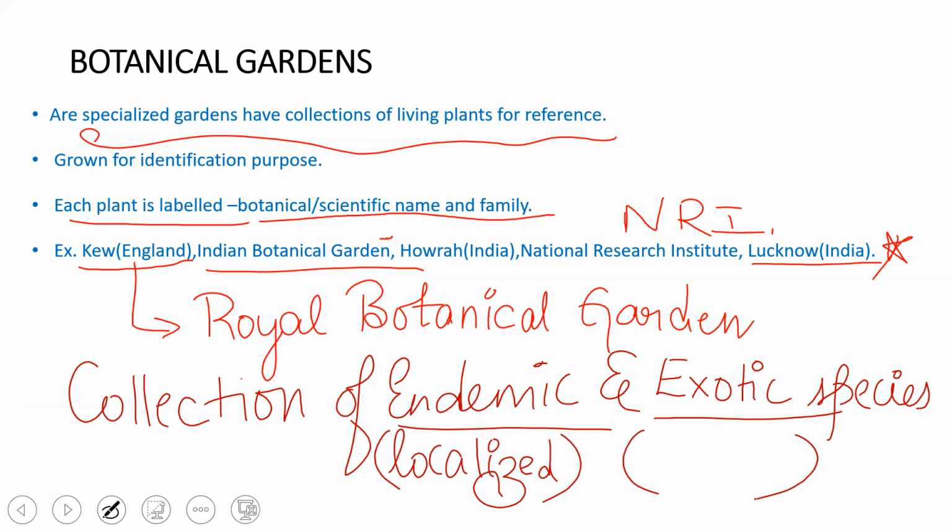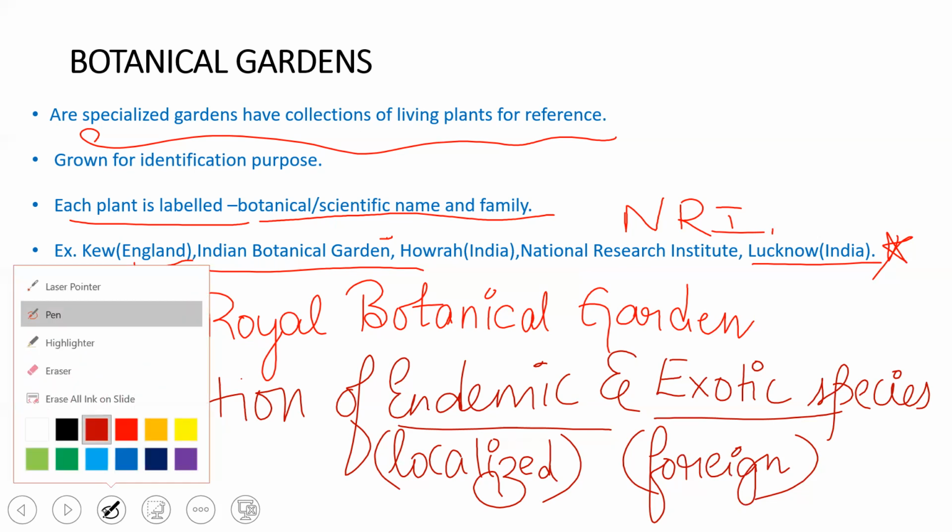Whereas the exotic species is from different regions other than that region. It can be something called a foreign species, or a new species to that particular locality, which is called an exotic species. So this can also have a collection of endemic and exotic species, along with medicinal plants, insectivorous plants, and also plants which have been collected from different areas. So this is regarding botanical gardens.